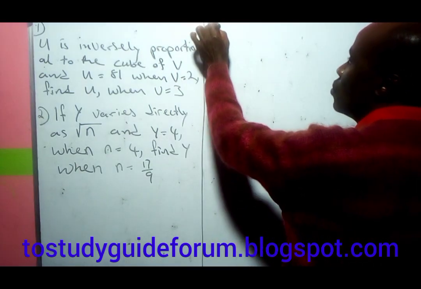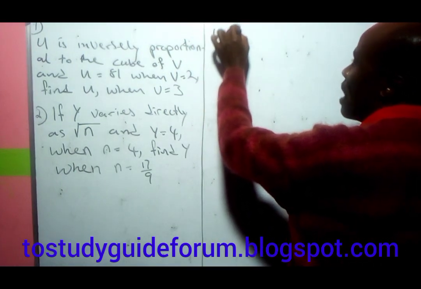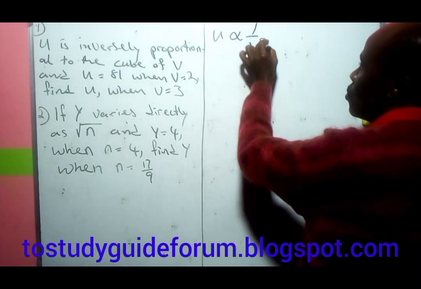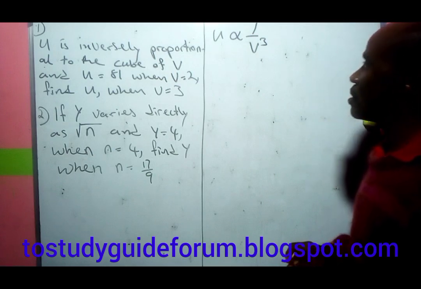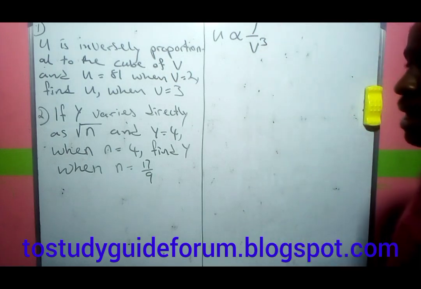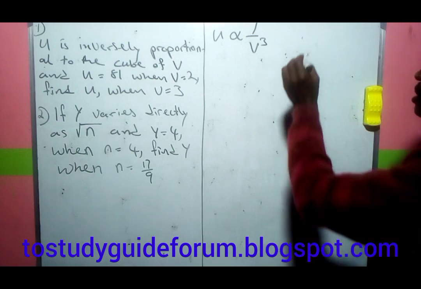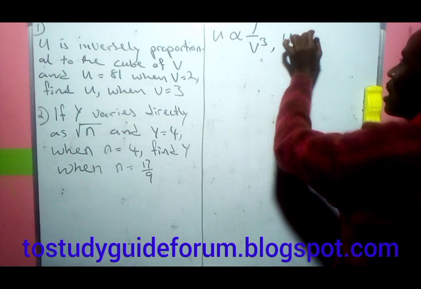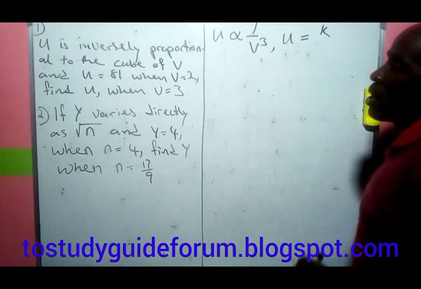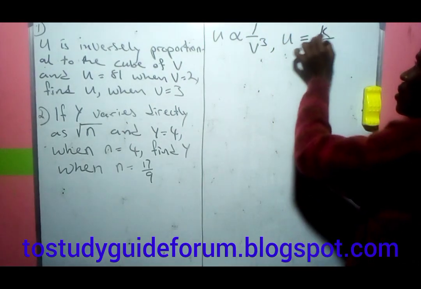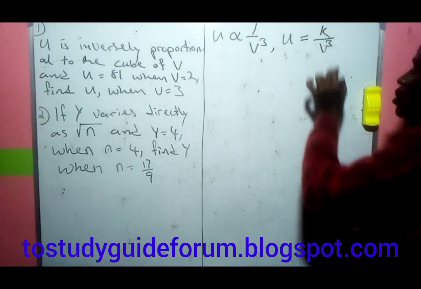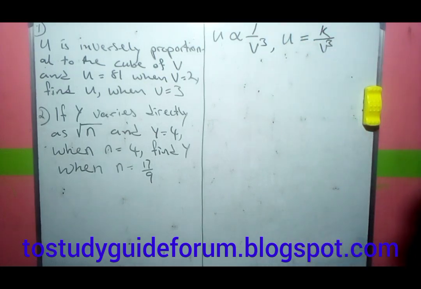It said that U varies inversely as the cube of V. Mathematically, if we apply the constant, we can call it K. That means U is equal to K over V raised to the power 3.